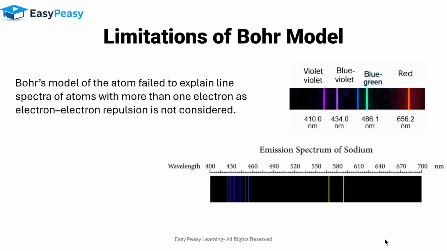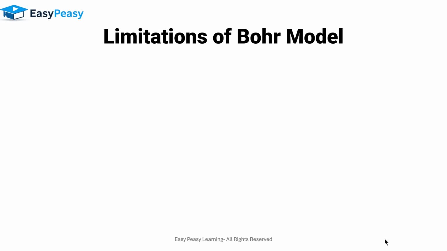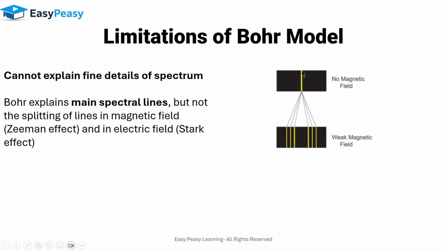The second limitation is that the Bohr atomic model can explain the main line spectrum, but it cannot explain the splitting of lines in a magnetic field, which is called the Zeeman effect, or in an electric field, which is the Stark effect. At that time, the Bohr atomic model wasn't able to explain this concept as well.